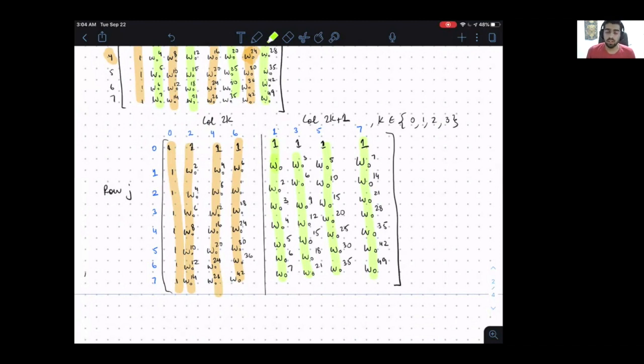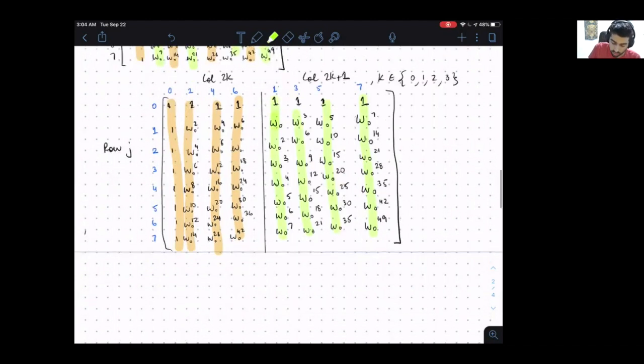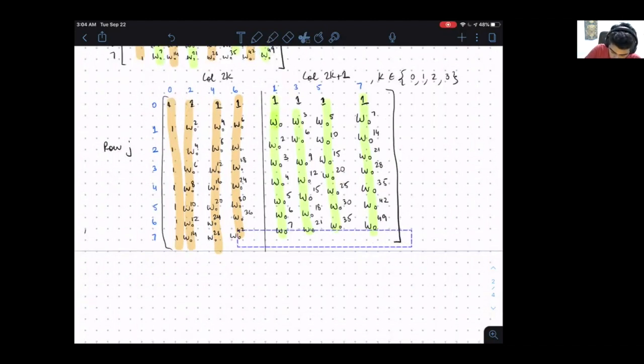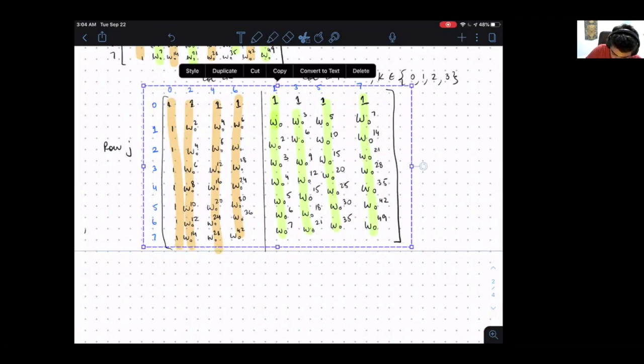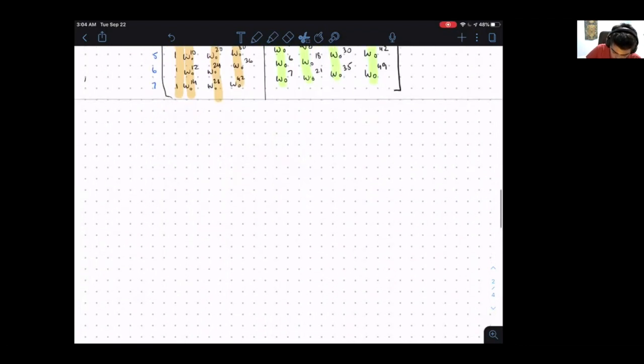Why did I do that? Well, before I answer that question, let's first convince ourselves that we can still use this modified matrix in our FFT computation. Given this matrix over here, let's copy this down here.